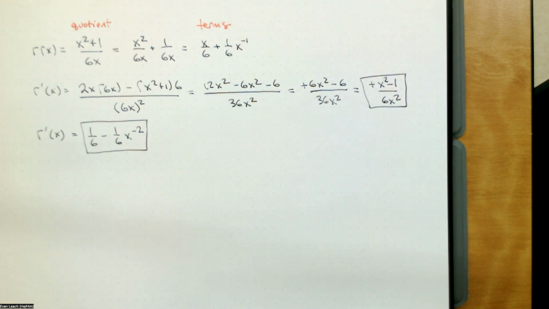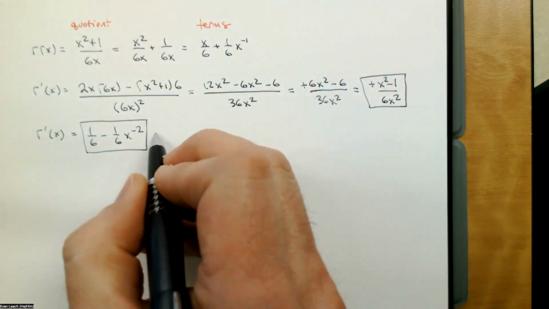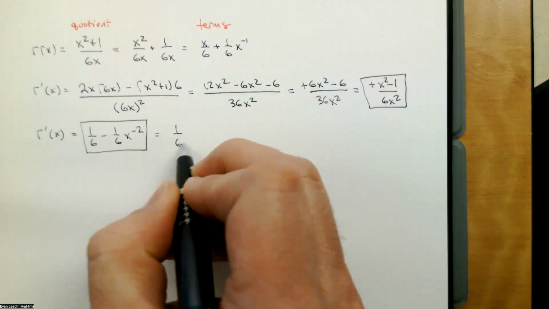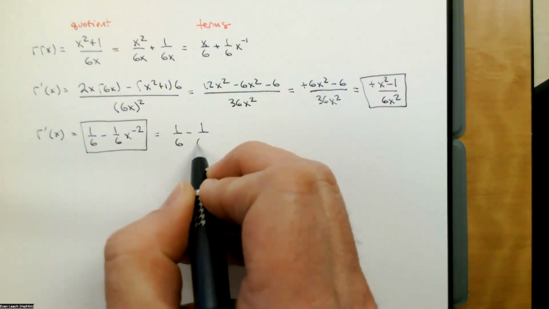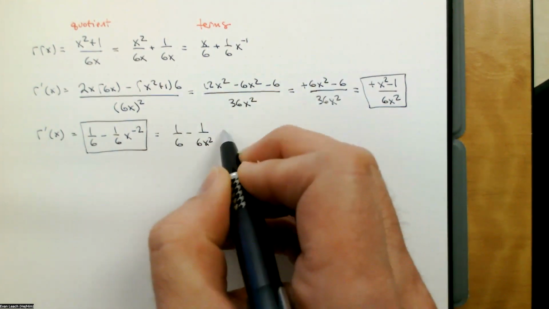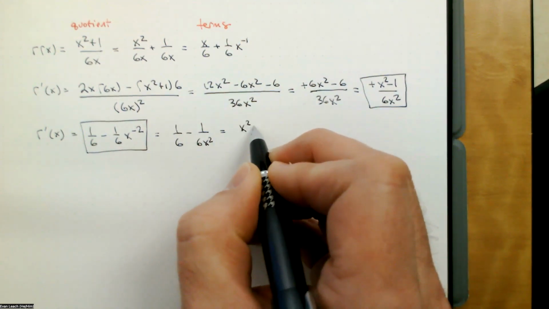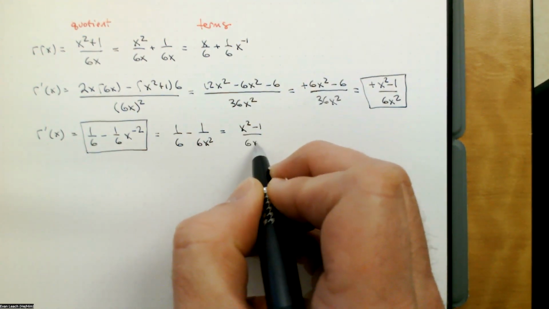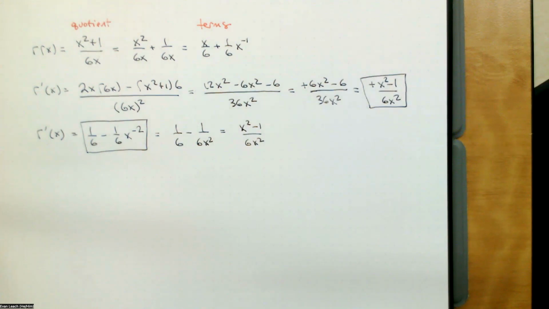This looks different than our previous answer, but it is in fact the same if we do some algebra. If we rewrite this as 1 over 6 minus 1 over 6x squared and get a common denominator, then we're back to the same thing.